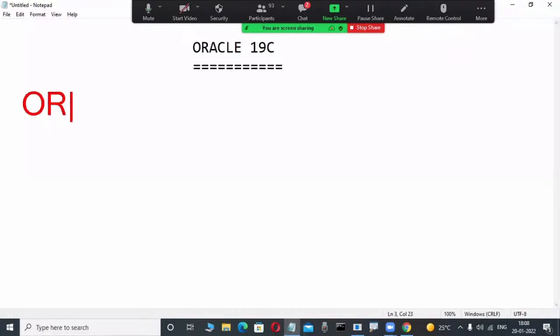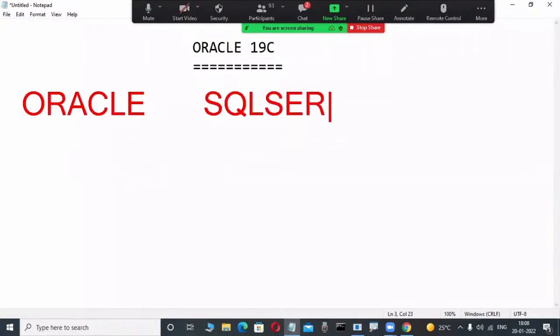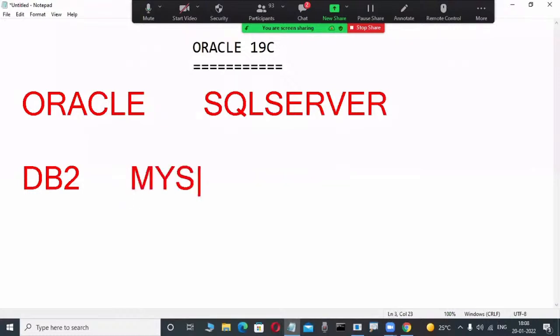Suppose Oracle is a database product from Oracle Corporation. Observe the different companies. Again, maybe many of you have an idea. SQL Server is a database product from Microsoft. DB2 is a database product from IBM. MySQL is an open source database product, but nowadays Oracle Corporation has purchased it.